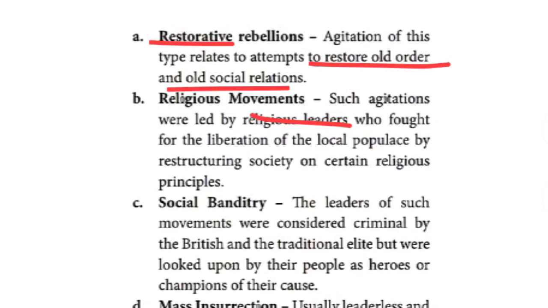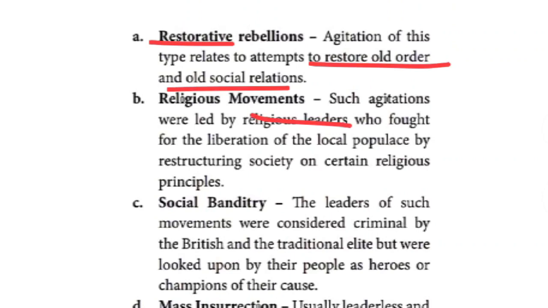So using certain religious principles, they were going to restructure the society. Under the leadership of religious leaders, religious movements were conducted against the British government.